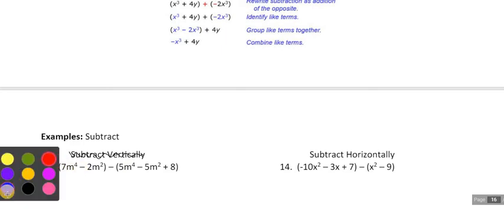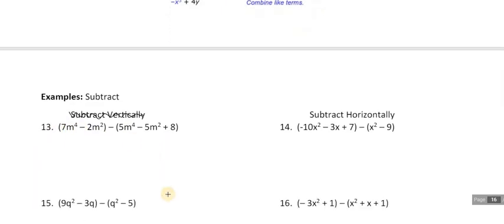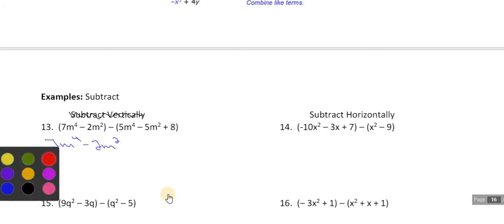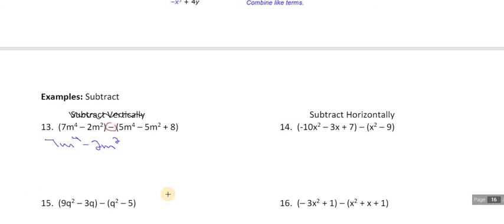Now, when I say that, I'm going to start by rewriting my first polynomial, my 7m to the 4th minus 2m squared. Now I need to take this minus sign and I'm going to distribute it all the way through because we're subtracting everything that comes after it. So now we have a minus 5m to the 4th, a plus 5m squared, and a minus 8.